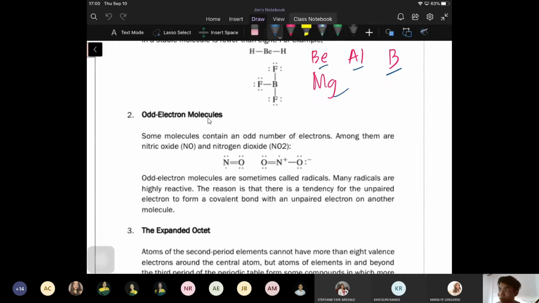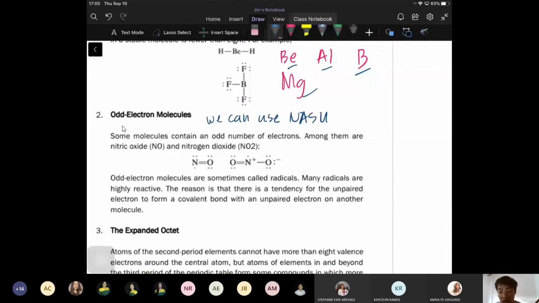When we say odd electron molecules, what we solve for A in the NASU rule, we can use the NASU rule here. Later I'll give you a shortcut to know which atom has an odd electron.